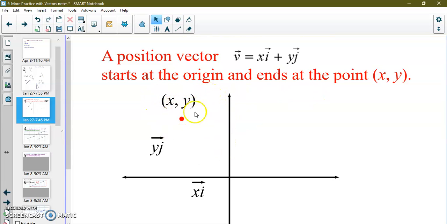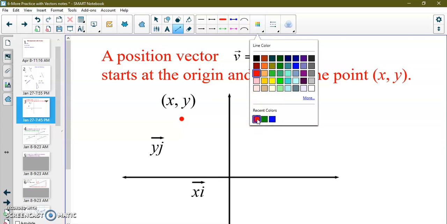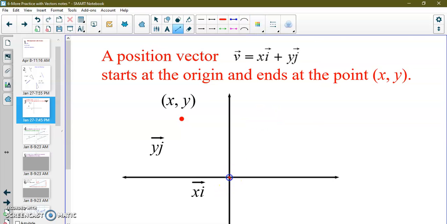So let's say it's somewhere out here in quadrant 2. So this vector is going to start here at the origin. It's a position vector, just standard position, starting at 0, 0, and it's going to come out to whatever this value is.